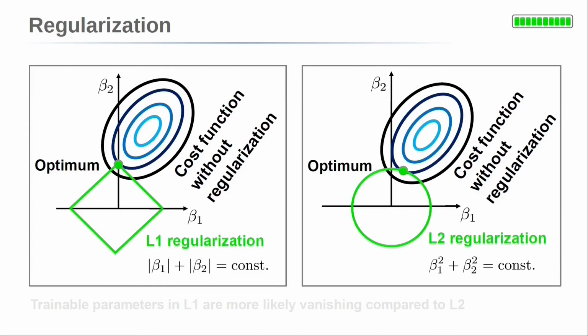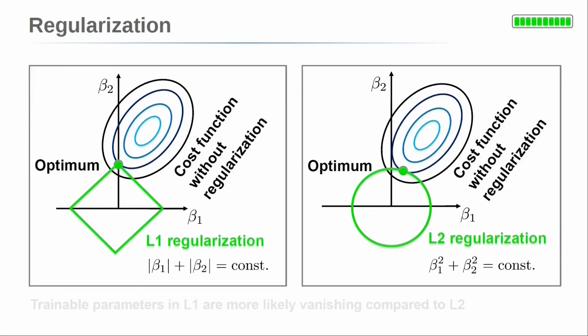These are the lines of constant height of the cost function, so where the cost function has a constant value in parameter space. A contour line of the L1 and a line of the L2 term are shown in green. The L1 term has a diamond shape due to the absolute values. The L2 term gives a circular shape because of the squared parameters.